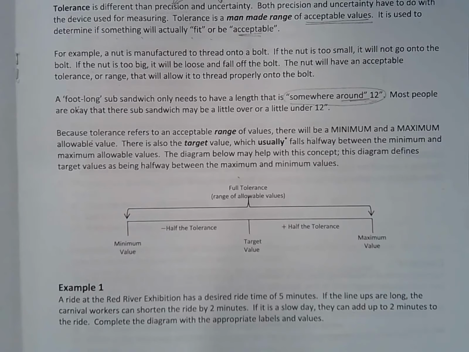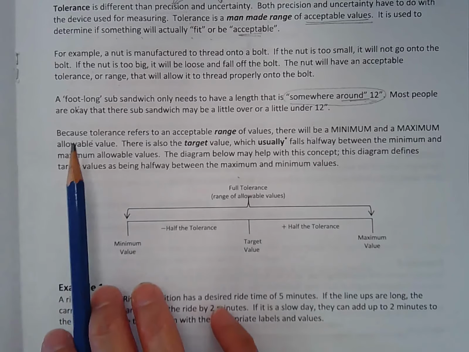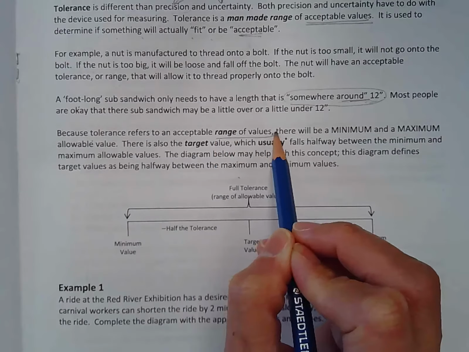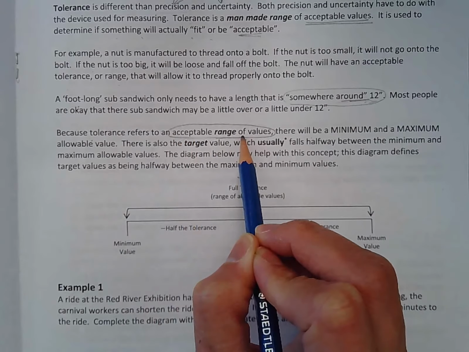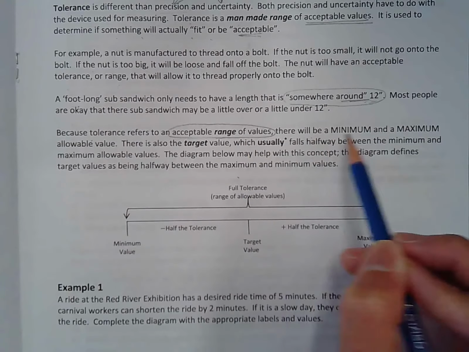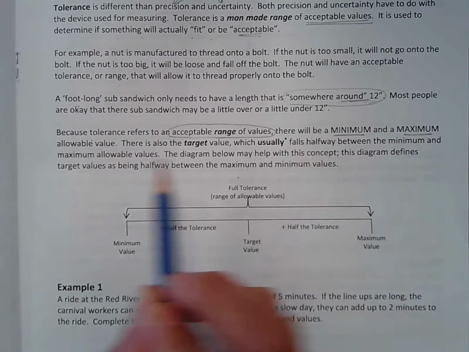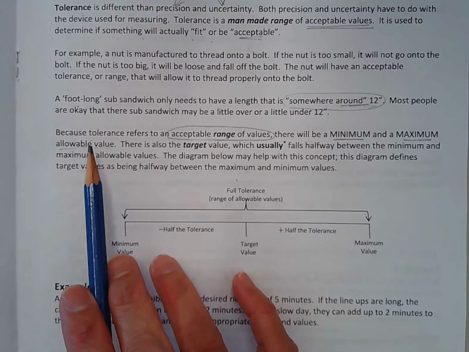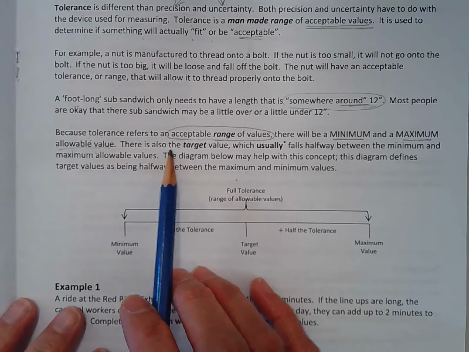That's where you see tolerance in real life. Because tolerance refers to an acceptable range of values, the key word there is what's acceptable. There will be a minimum and a maximum allowable value. There is also a target value.